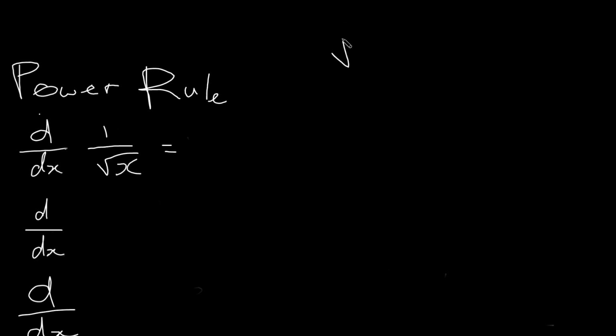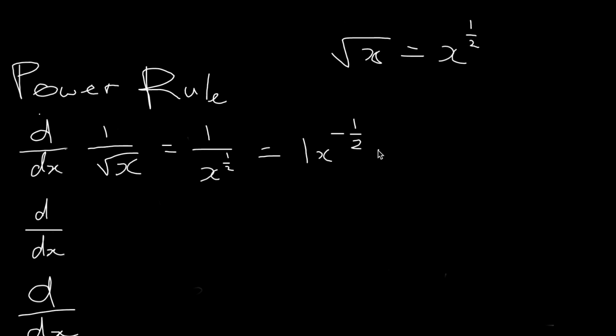So if you know the square root of x is equal to x to the power of 1 over 2, then if we come here, we got 1 times x to the power of 1 over 2. And if we bring that term to the top, let's keep the 1 just to keep track of what we're doing: 1 times x to the power of negative 1 over 2.